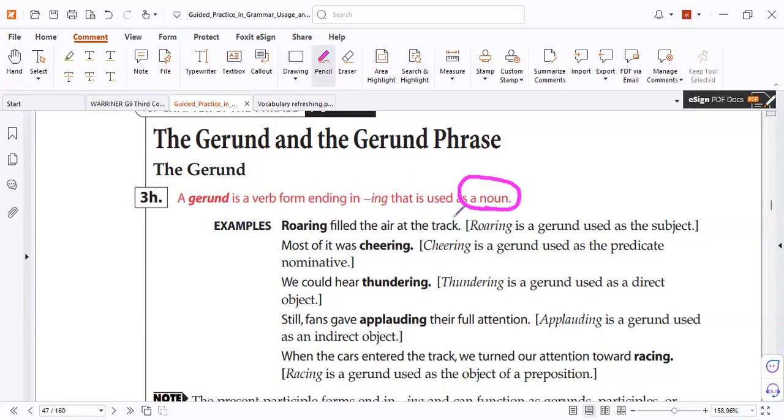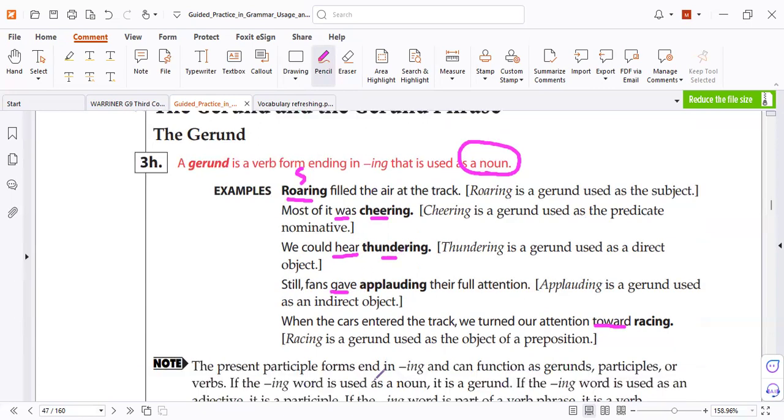Now let's check. Is that a noun? Yes. How do I know if it is a subject noun? If it's after the verb to be, a noun; after a verb, a noun; after a preposition, a noun. Those are the prepositions of it, right?